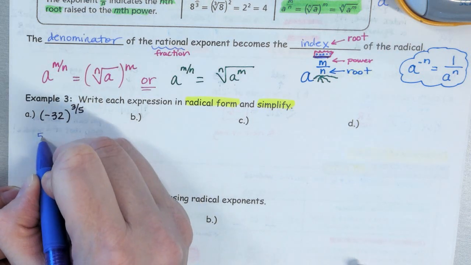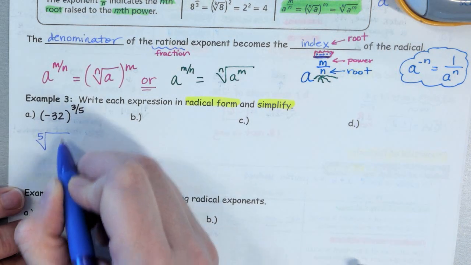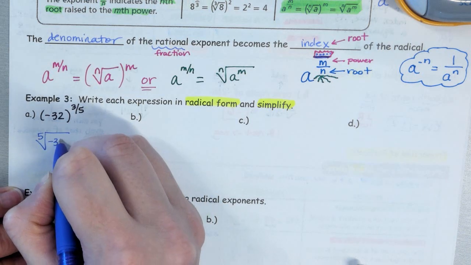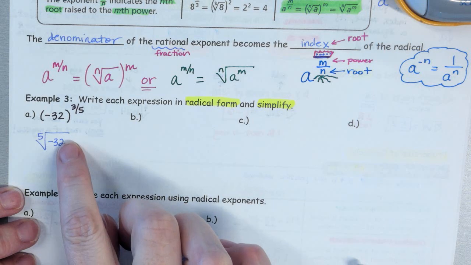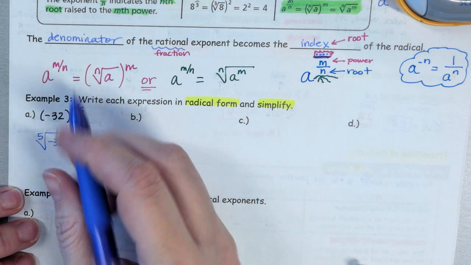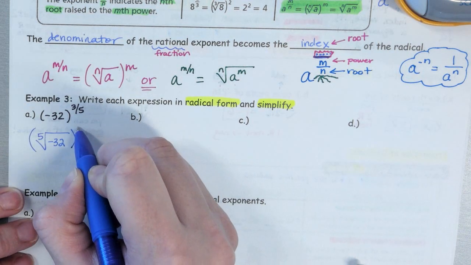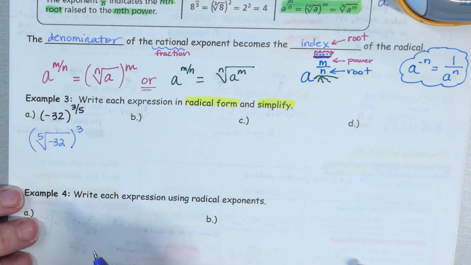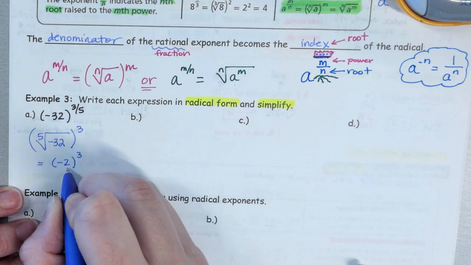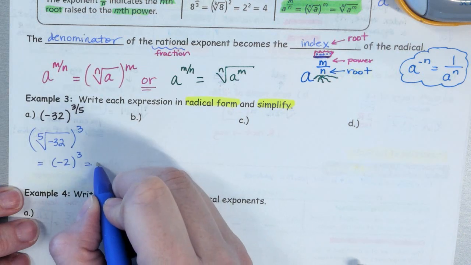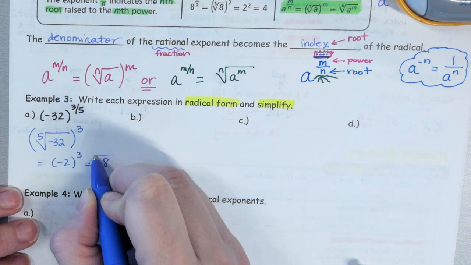You're not always going to have a calculator. So if you're thinking about whether to put the 3 inside or outside, are you going to want to do negative 32 to the 3rd power in your head? No, because you should already know what's the 5th root of 32. 2. So the fifth root of negative 32 is negative 2. You also know 2 cubed, so negative 2 cubed is negative what? Negative 8. Yay!